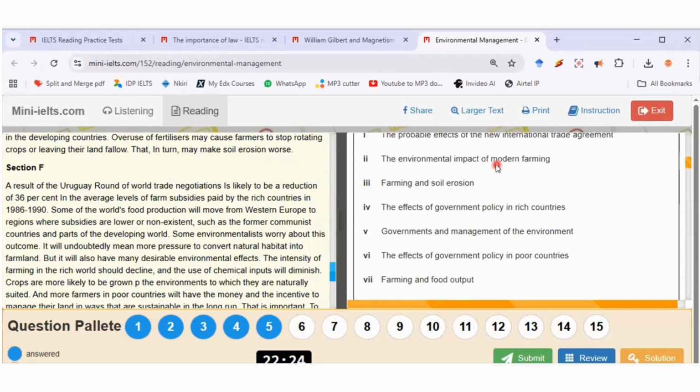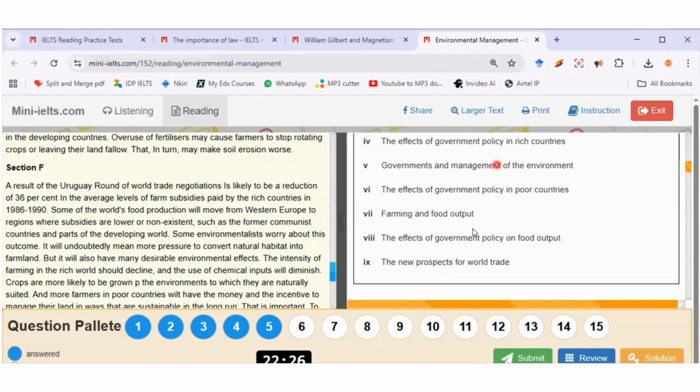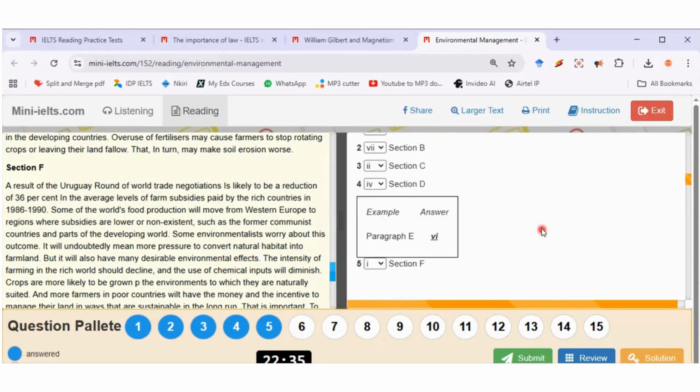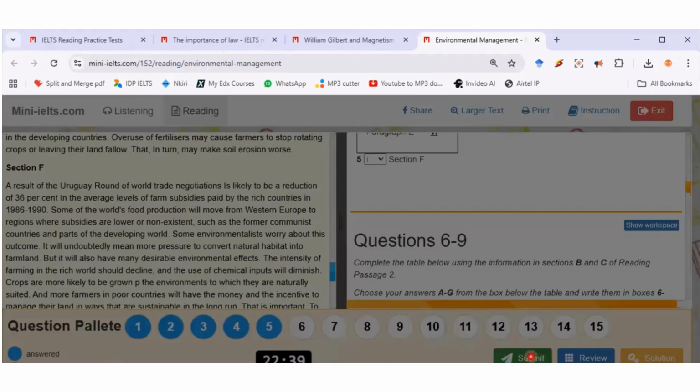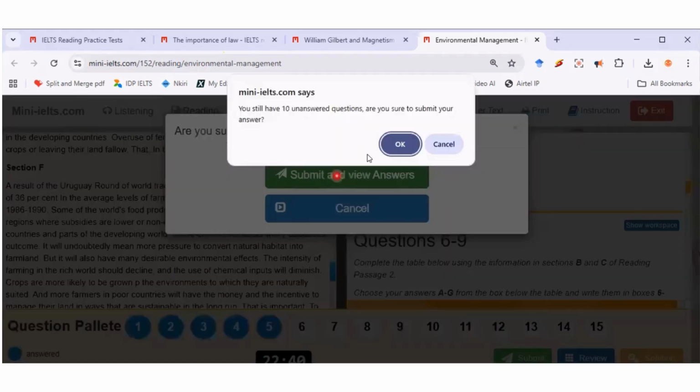This last section is going to be between number 1 and number 9. Number 9, new prospects for world trade. I think I will stick to my number 1. Let me just leave it as number 1. Let me submit and see what my score will be, and then we'll do self-correction. All right? So submit.